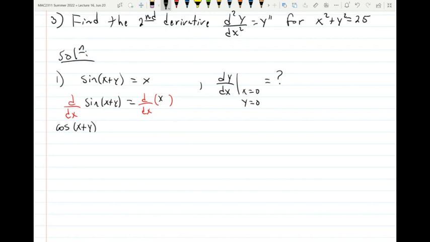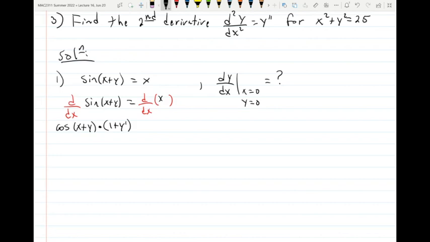That's it? What's the inside function? Do you see the composition here? x plus y, so times the derivative of the inside. What's the derivative of the inside? 1 plus y prime. Remember, the derivative of x is 1.